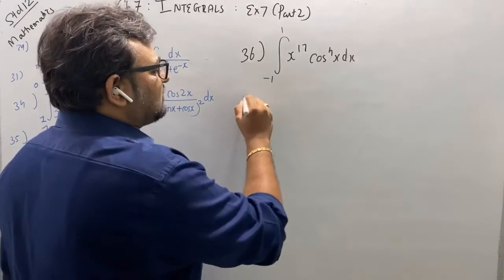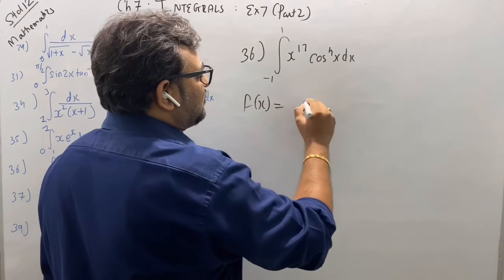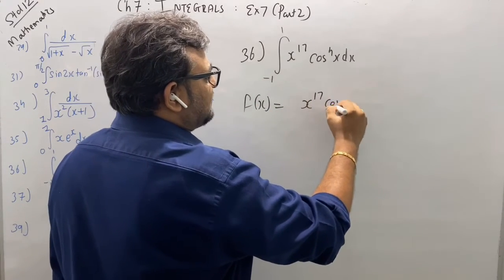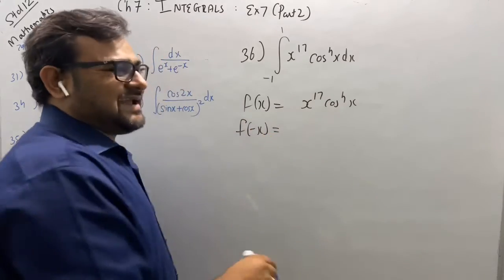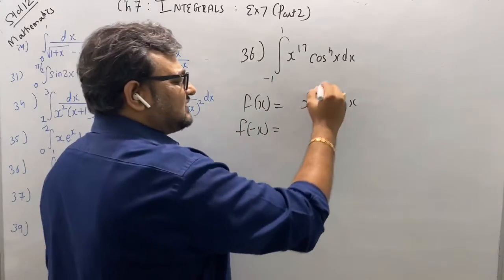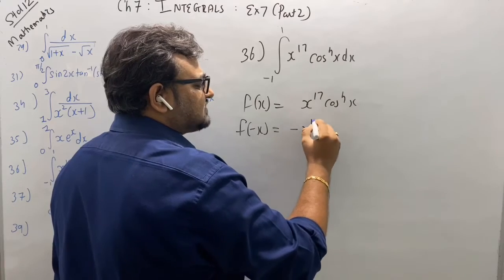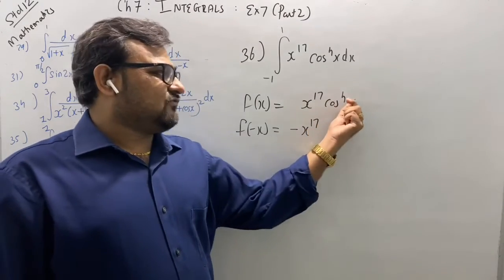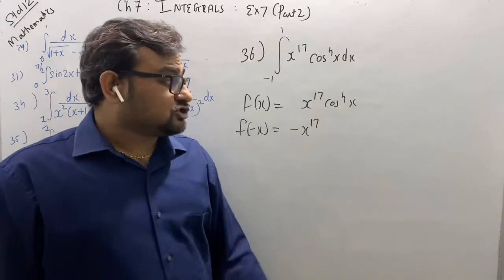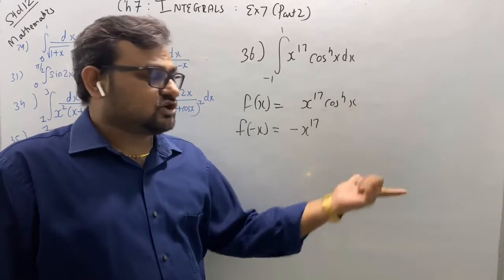So here the function f(x) is equal to x raised to 17 cos raised to 4 x. So let's take minus x. Minus x raised to 17 means minus x raised to 17. And cos raised to 4 of minus x, as it is the fourth power, and also cos is an even function, so it will be positive only.